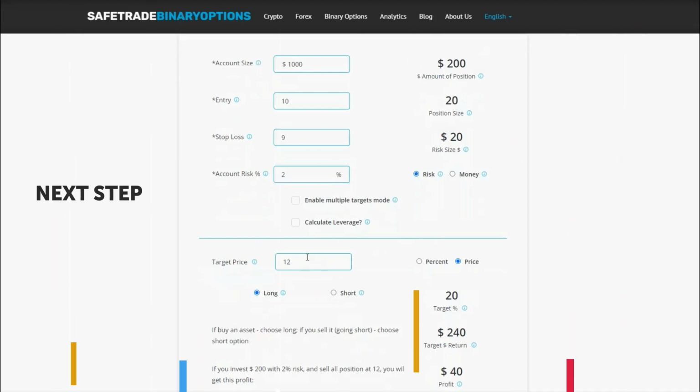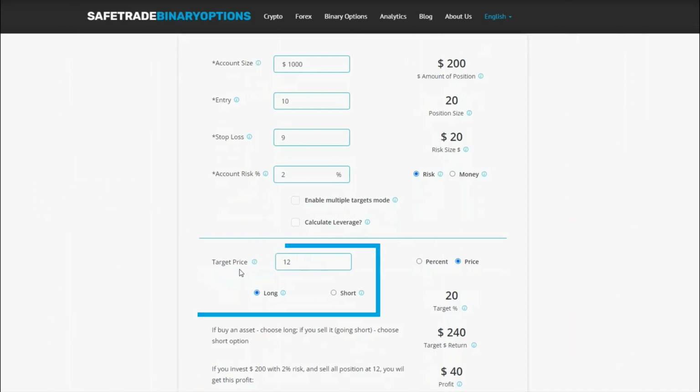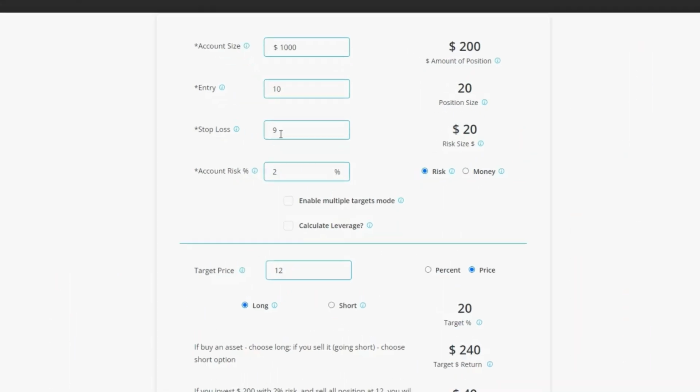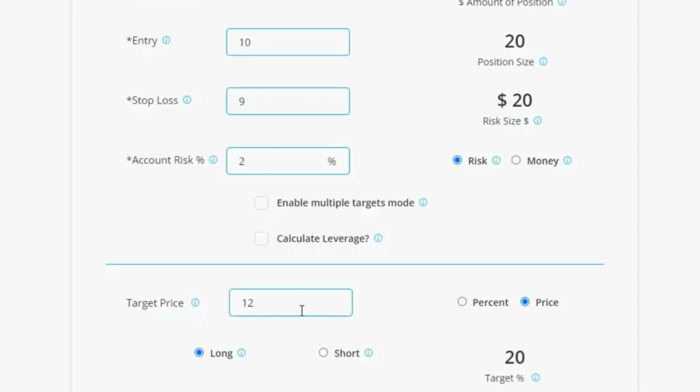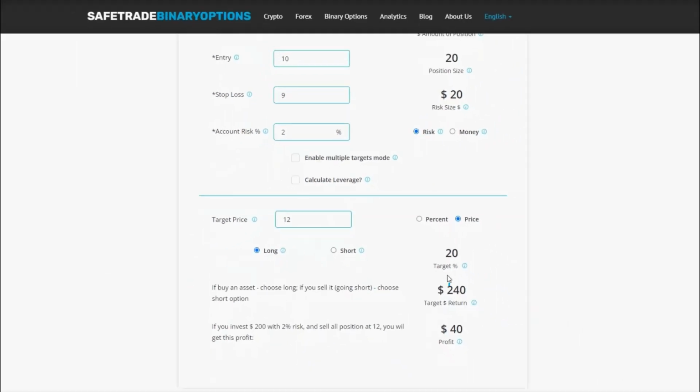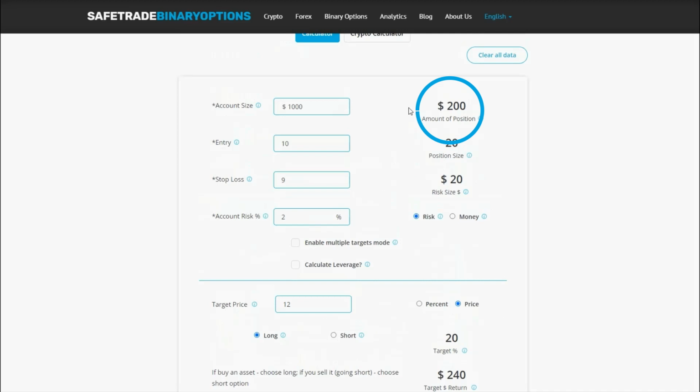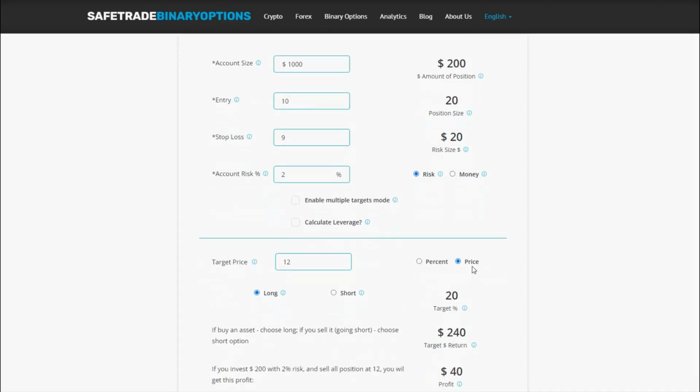The next step is that we can also input our target price. So we got in at 10, we're willing to get out at 9 if it doesn't go our way, but we can also put in a target here, and let's say we want to get out at $12. That'll give you the percentage of your profit. It'll show you how much your total return is, including the amount you invested. Remember, we're putting in $200 into this trade.